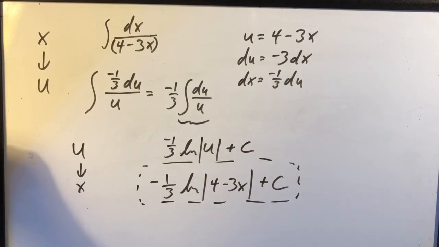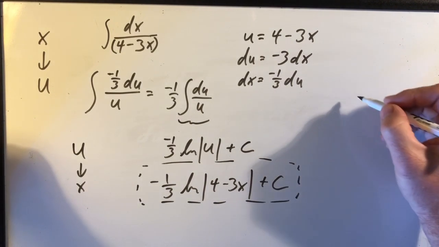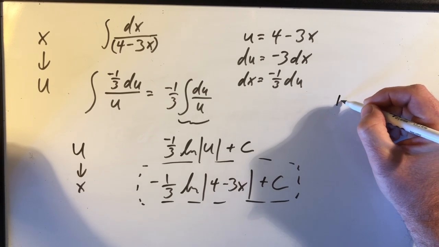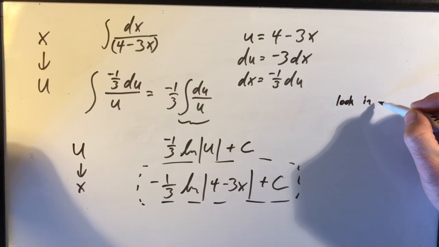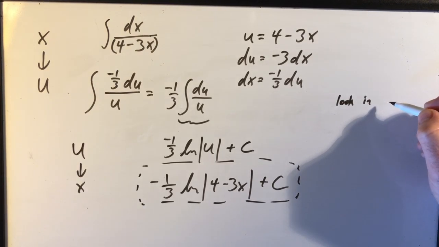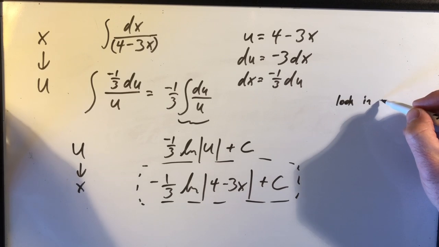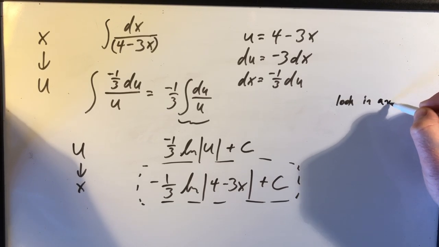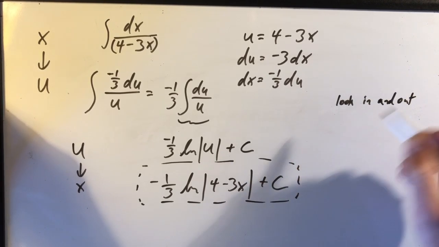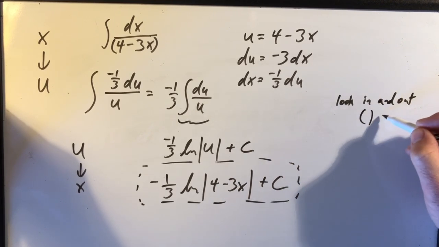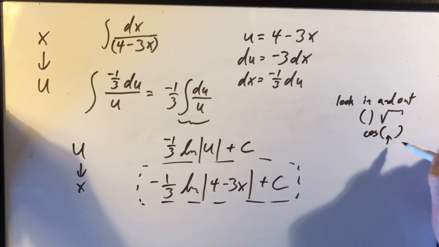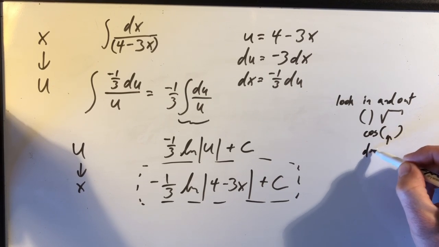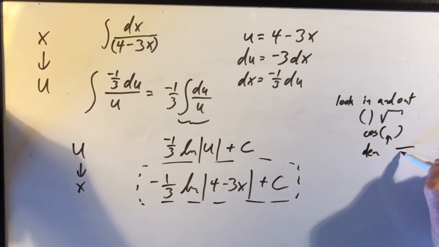So basic steps that we're looking at is you're trying to look into the parentheses or something inside of something and see if there's a component of that on the outside. So you're looking in and you're looking out of whatever it is, parentheses or square root, or if you have a trigonometric function such as, let's say, cosine, that would be the inside of something, or the denominator at the bottom of the fraction here.